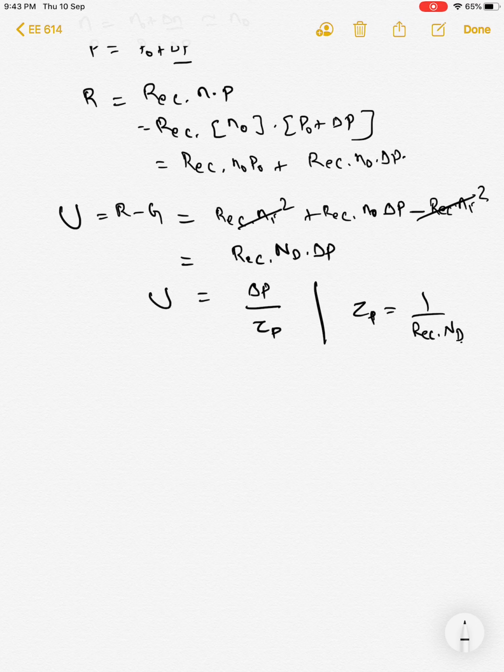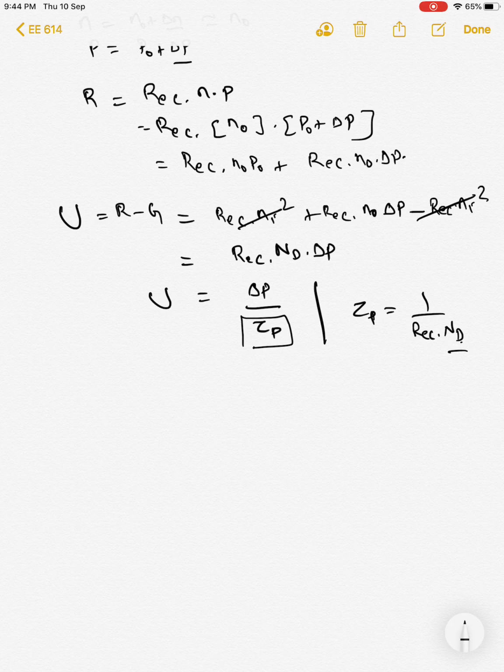So the net change of carriers in an n-type semiconductor actually depends on the carrier density N_d and the small change in the hole concentration, the minority concentration, right? The minority concentration changes at the rate of tau_p, which depends on the majority carrier density.